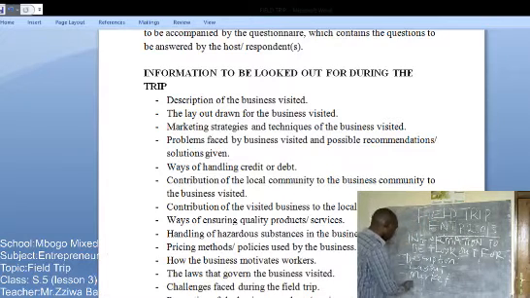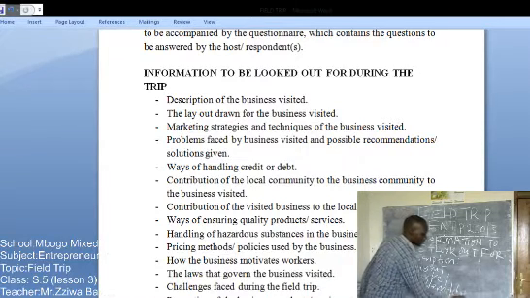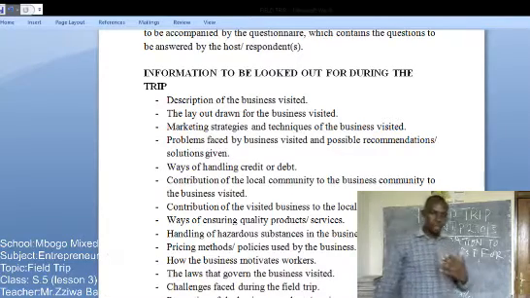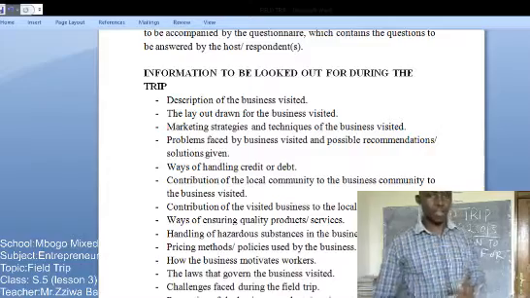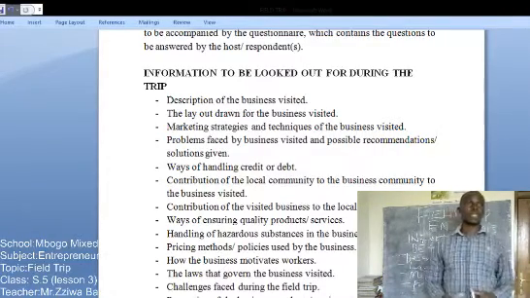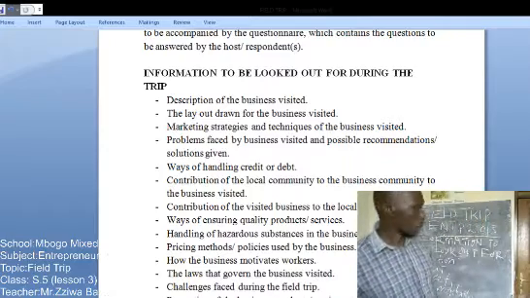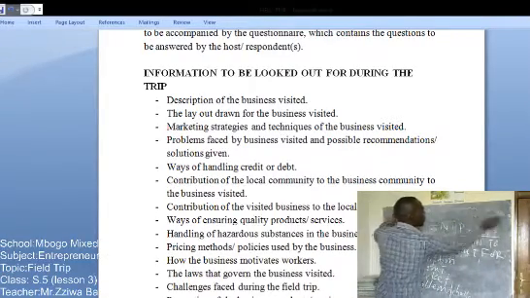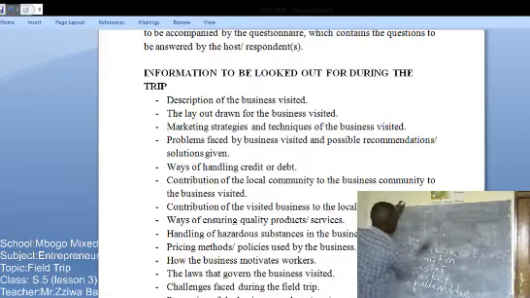Then we have to look at the problems faced by that business together with the challenges, and possibly how those problems are solved or overcome. Then the other concept, contribution of the business to the society. That is also very crucial.